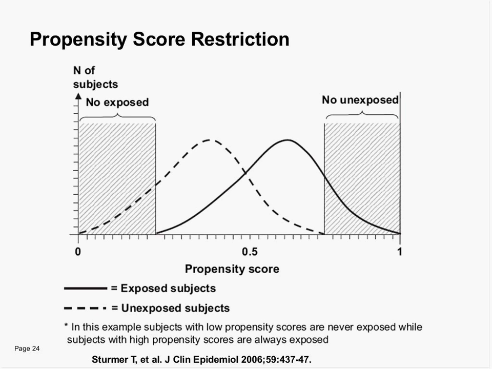Everybody at this high end of the propensity score receives treatment, or everybody at the low end of the propensity score does not receive treatment. Those regions of the propensity score are ranges where you have one of the comparison groups but not the other, and so you need to be careful about analyses that include those ranges of the propensity score.